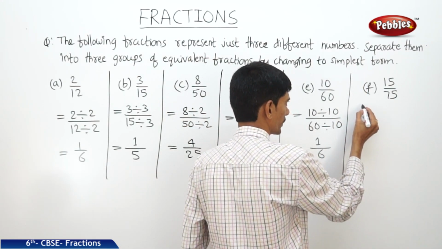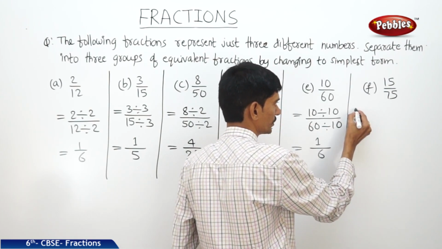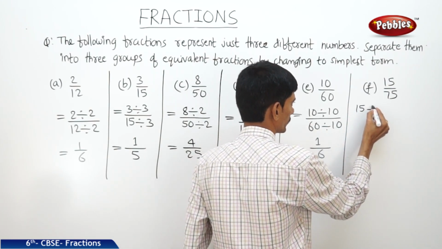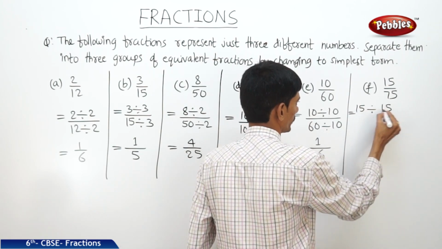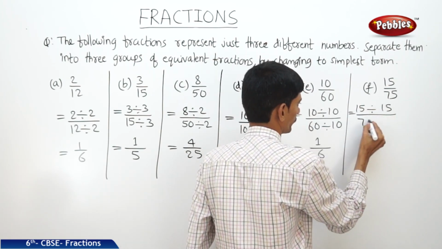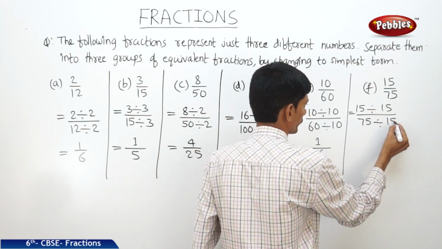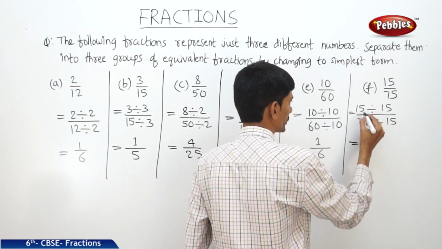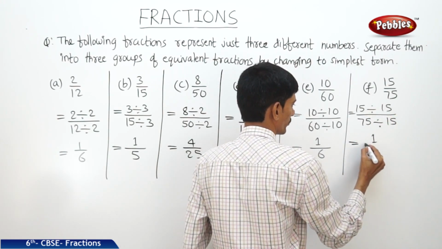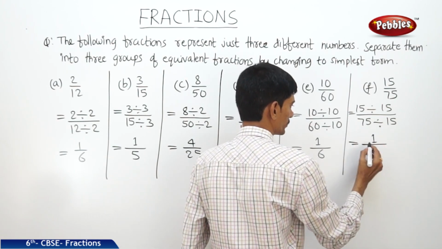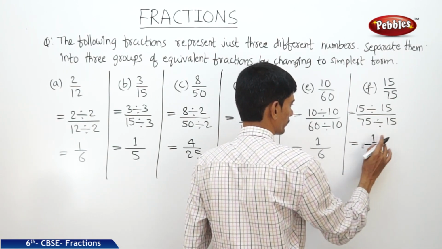If both numerator and denominator are divided by 15, then 15 divided by 15 is 1, 75 by 15 is 5. So this is 1 by 5.